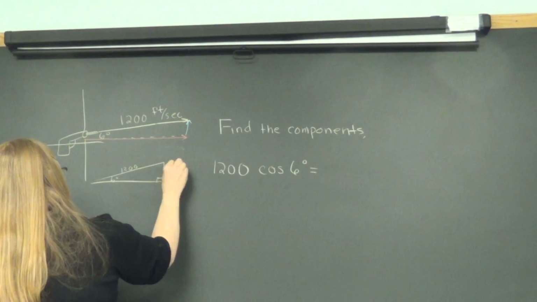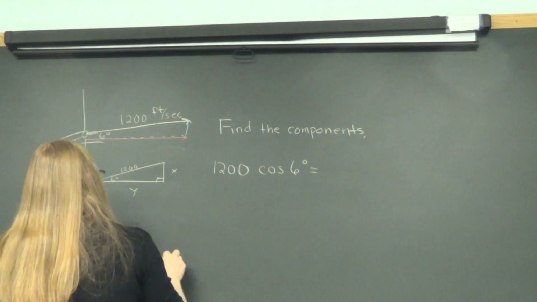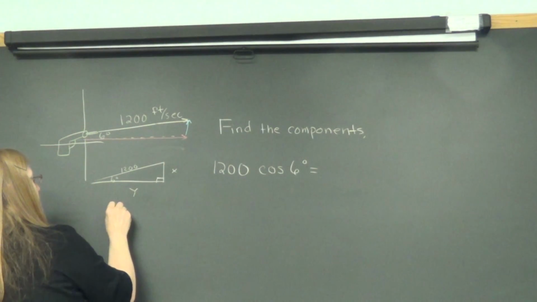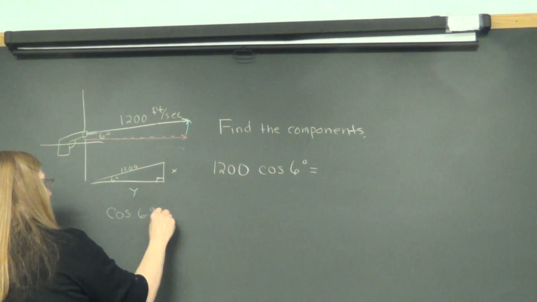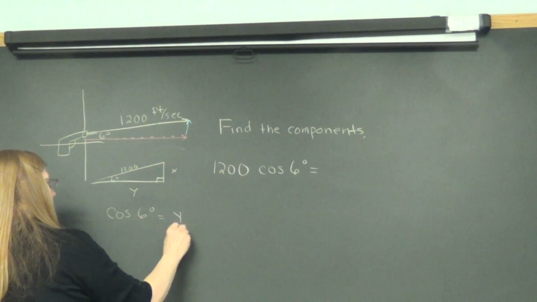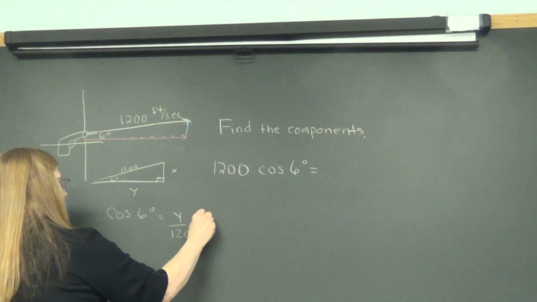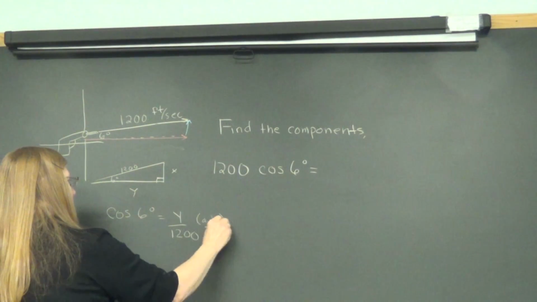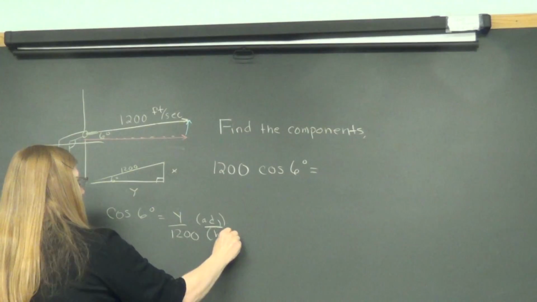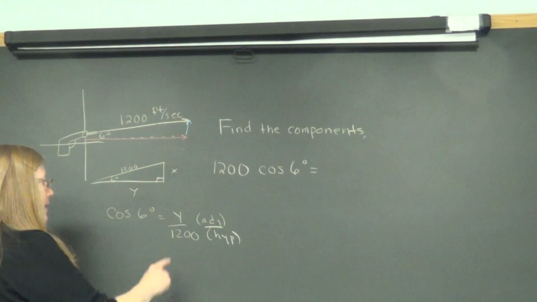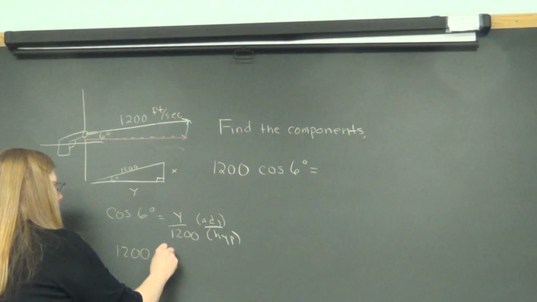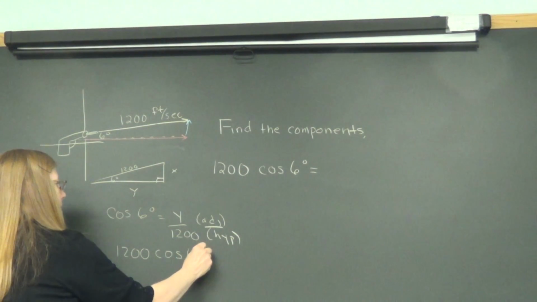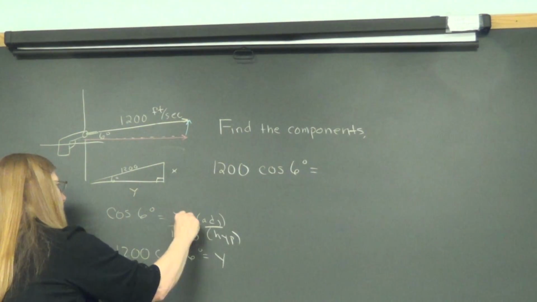If this is x and this is y, we see that the cosine of 6 degrees is adjacent over hypotenuse. Remember the basics of trig? Adjacent over hypotenuse. So I simply multiply both sides by 1,200, and I get, oh, this is x, sorry.